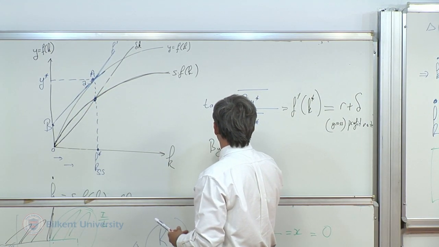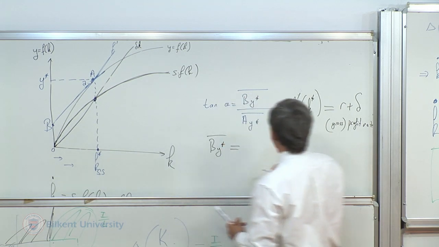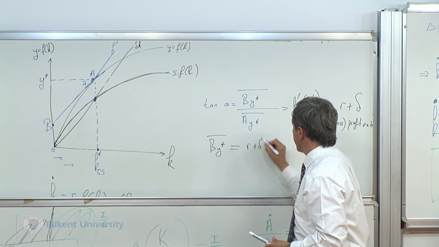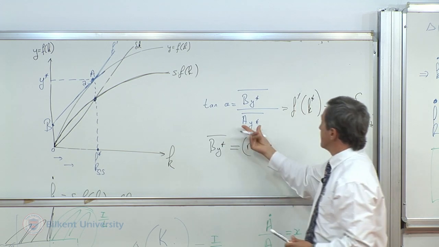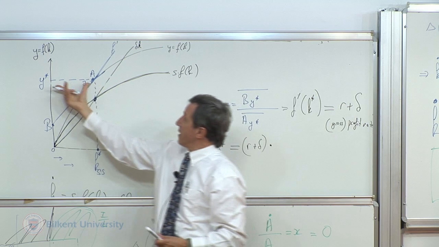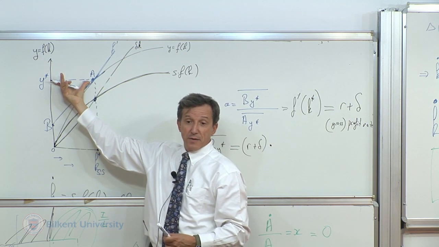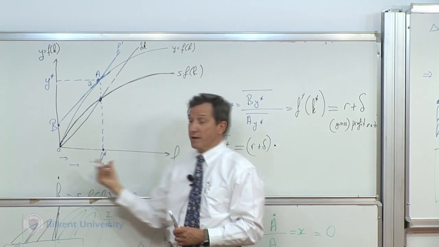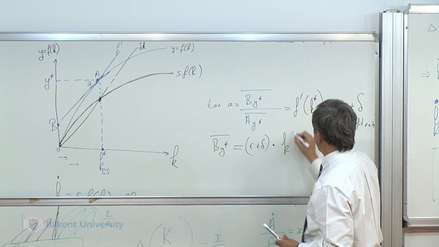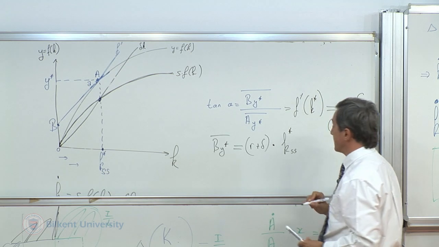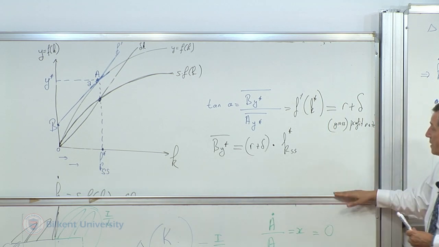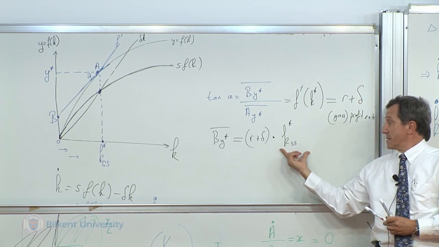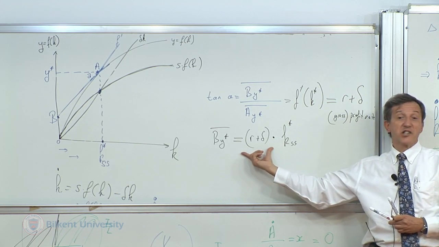The distance by star then is equal to F prime, which is R plus delta, times the distance ay star. Now, what is this distance? This is the amount of capital that I am using. It is K star at steady state. Capital times profit rate.